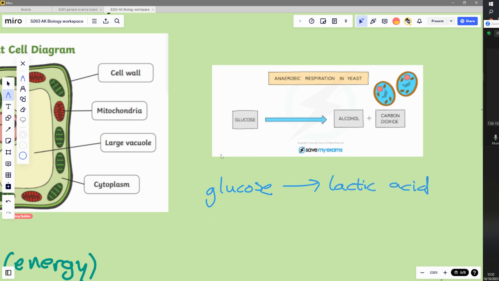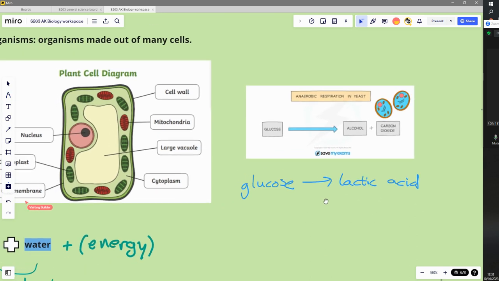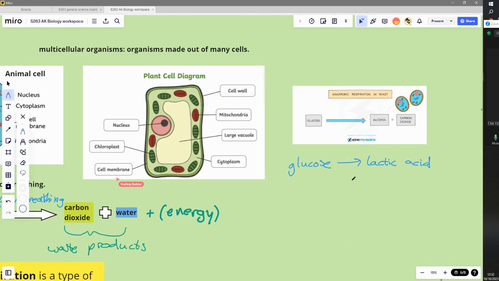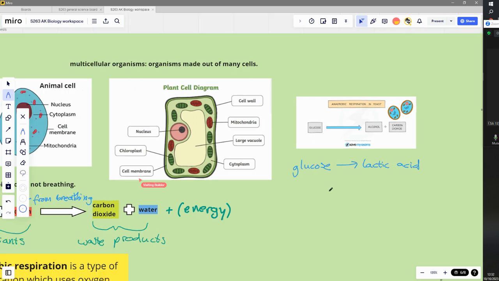And not just humans, this is animals. So if we're doing lots of exercise, especially like lifting heavy weights, or sprinting, we're not able to get the oxygen to our muscles quickly enough, and so we start to produce energy, we start to respire without the oxygen.